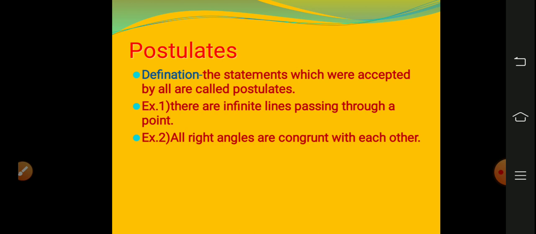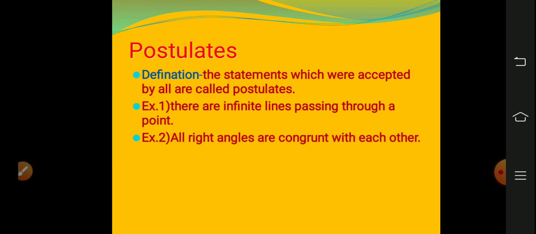We know that the measurement of a right angle is 90 degrees and they are congruent with each other. This statement is true and it is accepted by all, so it is a postulate. Some other examples are: a circle of a given radius can be drawn taking any point as its center. It is also a postulate. There is one and only one line passing through two points. It is also another example of a Euclid postulate.